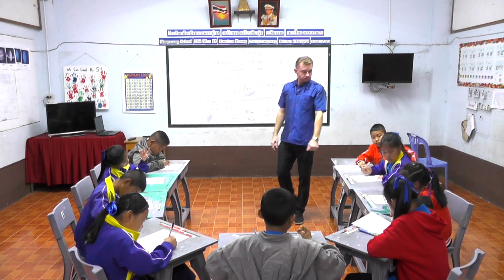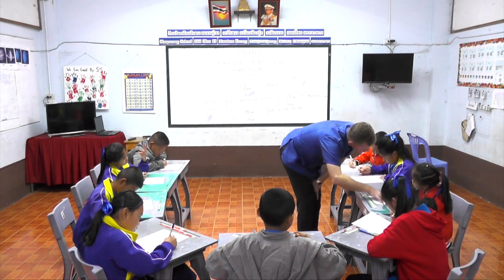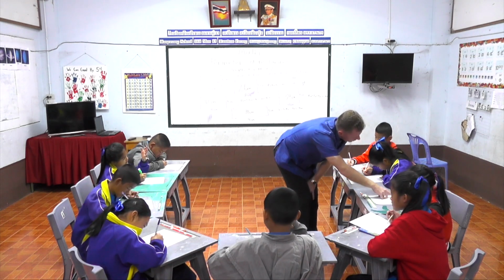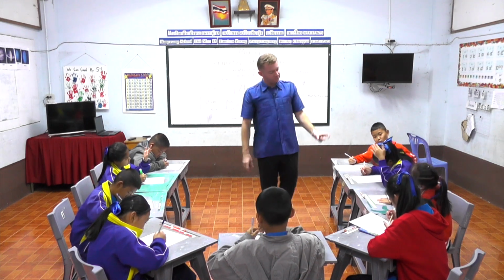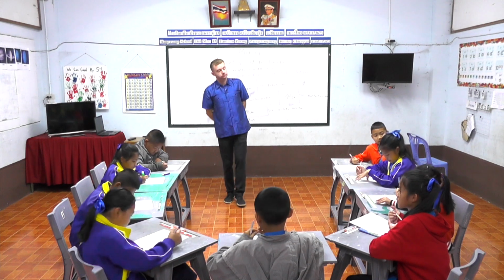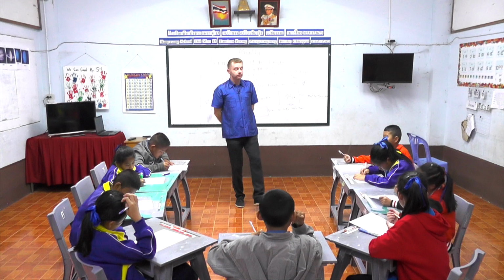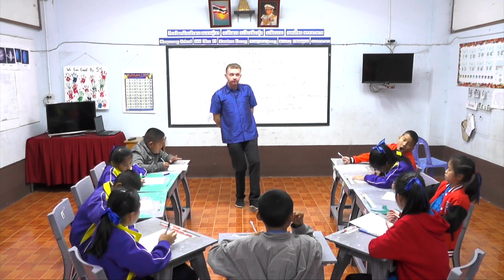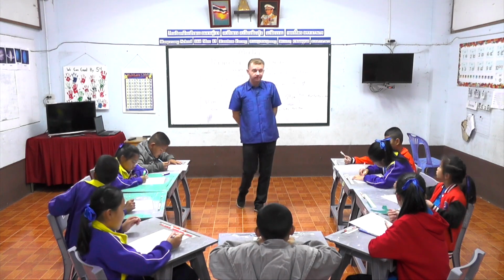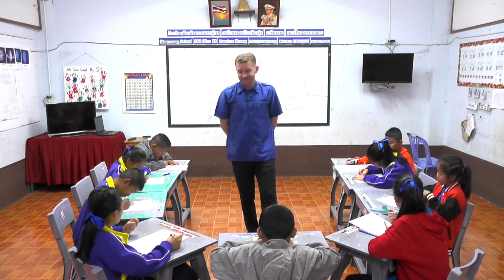Number 9 is 2 and 5. If it was 3, it would be shorter, but this looks like 5 because it'll be longer. So 5 plus 2, 7 times 2 equals 14, well done.